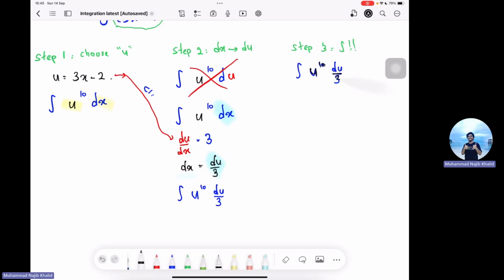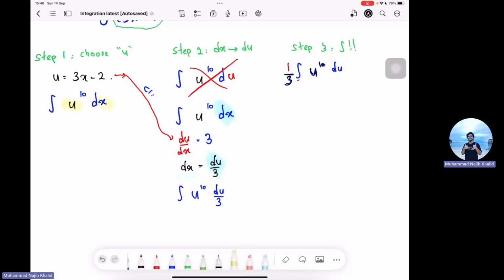Remember, for every constant, we can bring it inside or outside the integral. In this case it is 1 over 3, so you have to put 1. So we have the constant 1 over 3 times the integral of u to the 10 with respect to du.